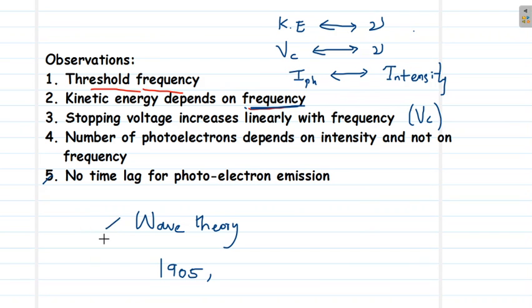The classical or wave theory of light was not able to account for these results. It was Einstein's explanation based on quantum theory that satisfactorily explained these observations. In the next video, we will discuss how these observations follow from theory. I hope this video is clear for you. Thank you.